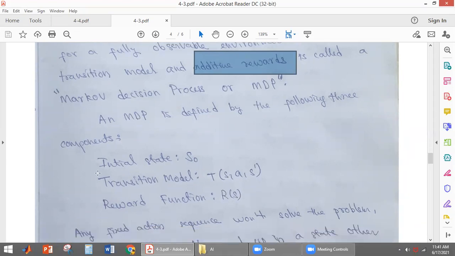These are the three components we use to define a Markov decision process.